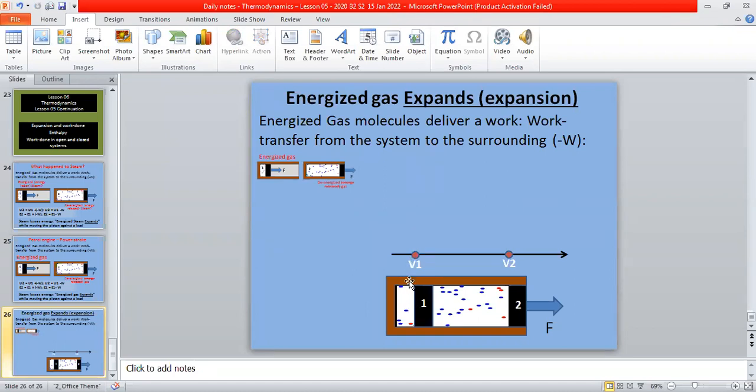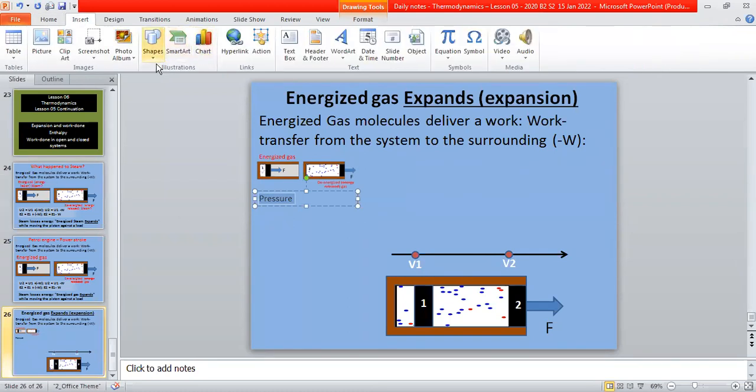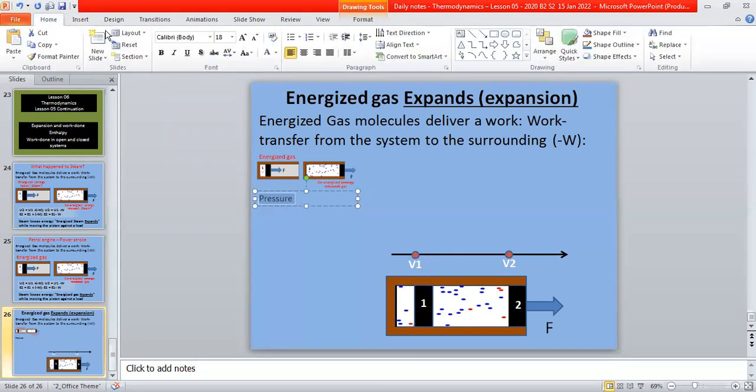And here, there is another parameter. You know about this parameter from your school time. Pressure. Even in your physics, maybe semester 1, you may have learned this physical parameter, pressure.